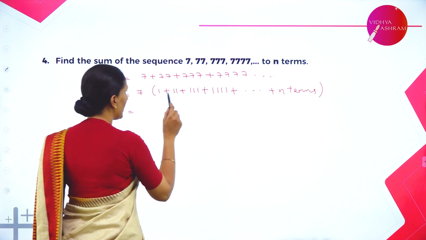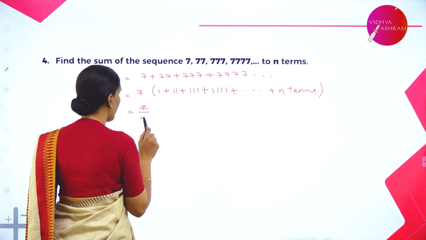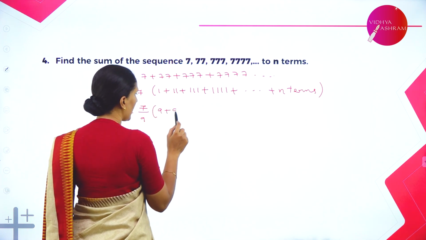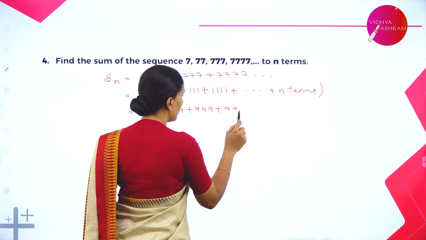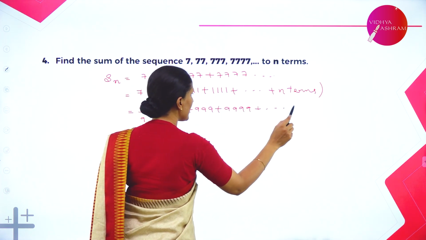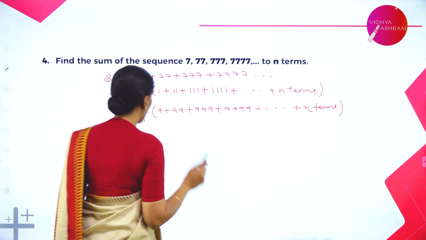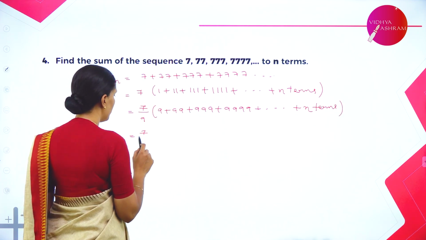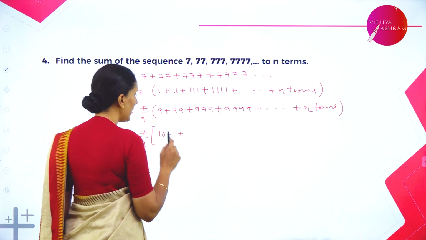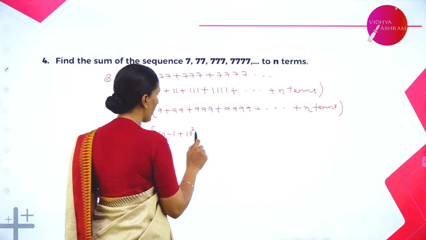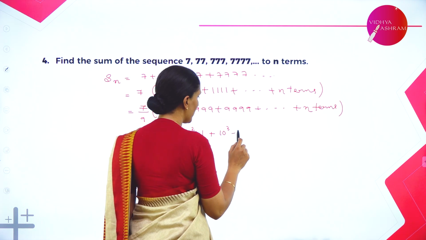Now I'll multiply by 9 here and divide the whole by 9. So 7 by 9 into 9 plus 99 plus 999 plus 9999, again 9 multiplied up to n terms. Here 9 can be written as 10 minus 1. 99 can be written as 10 square minus 1. 999 can be written as 10 cube minus 1.